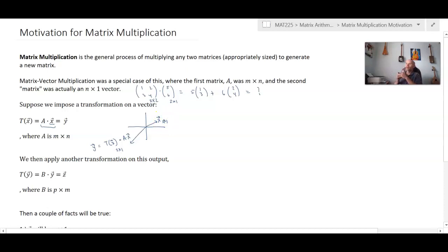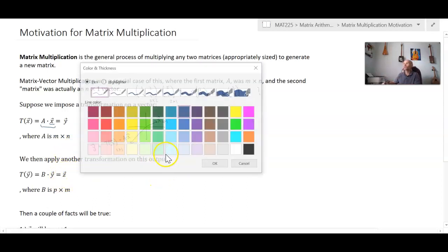We then apply another matrix, another transformation on this output. So then let's suppose that we take the y vector and we transform it in some way.